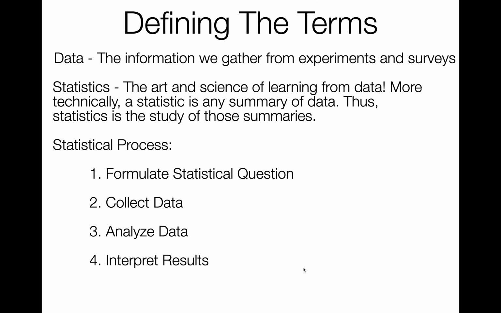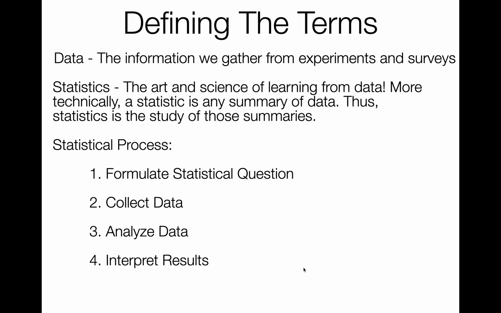And then the statistical process, which is basically the layout of this course, is always this. You formulate a statistical question. Usually when you collect data, you have a question in mind. That's the first thing you really need to think about: what is your question? Data is going to help you answer that question. So you formulate a question, for example: do freshmen have higher GPAs than sophomores at Shippensburg University?